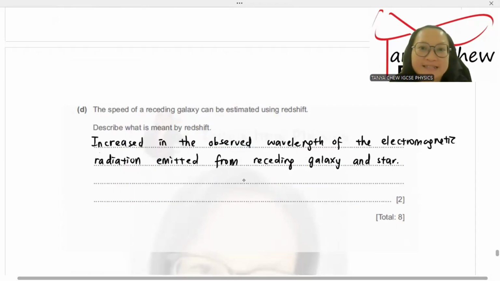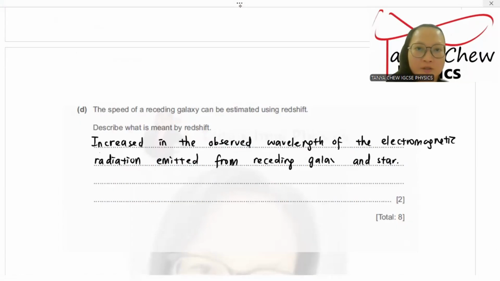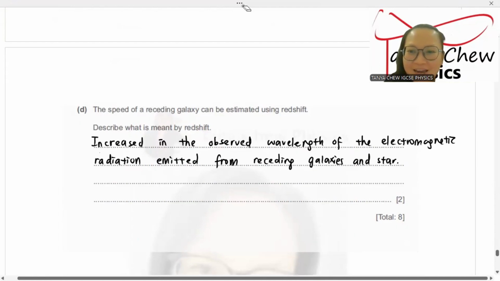You can put galaxies because it applies to all the galaxies, and stars. So I'm going to put plural here, galaxies and the stars.